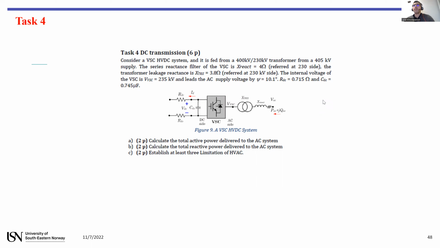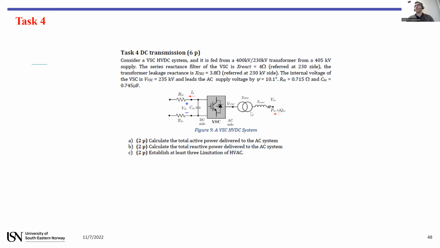The last task is related to the HVDC analysis. You have an HVDC, the converter, voltage source converter, that is connected to a transformer and then to a grid.